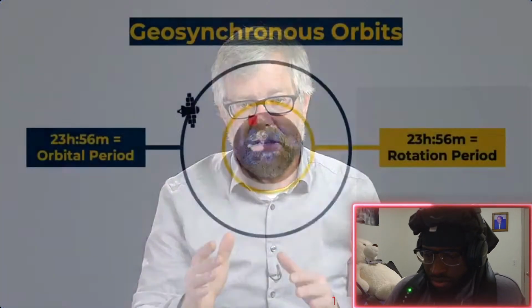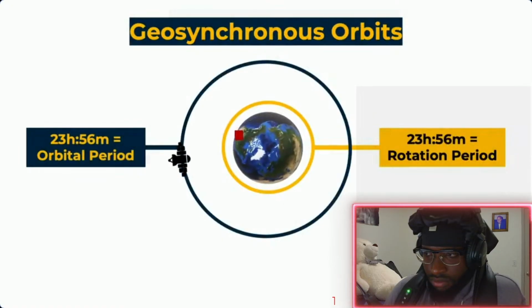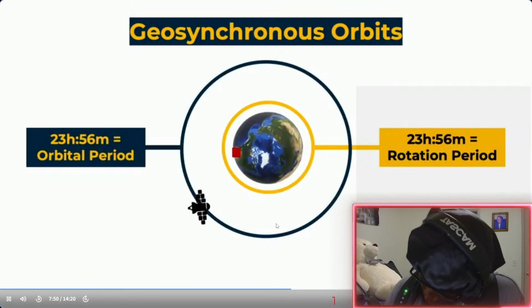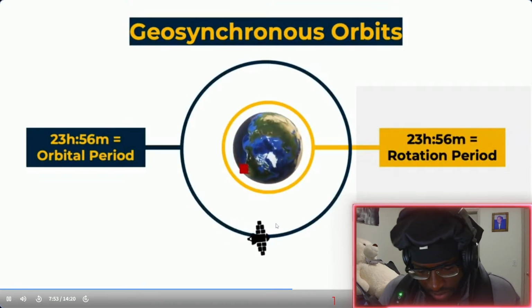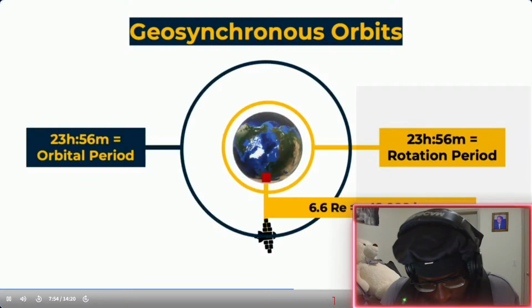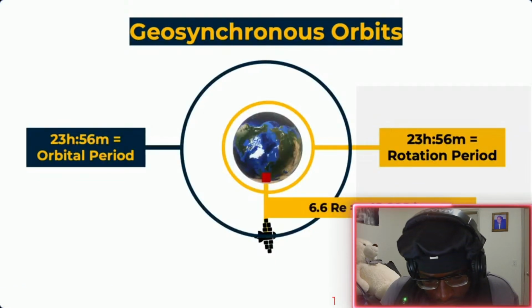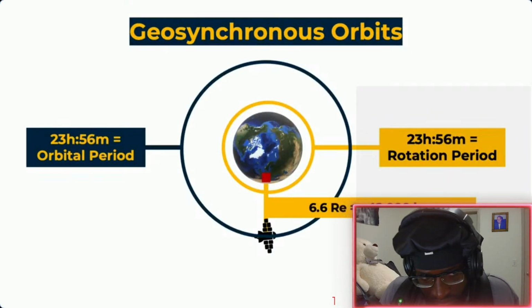It is 23 hours and 56 minutes. And so it stays roughly over the same point on Earth all of the time. That distance from the center of the Earth to the satellite is about 6.6 Earth radii, which is 42,000 kilometers.